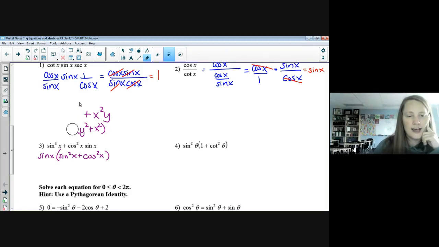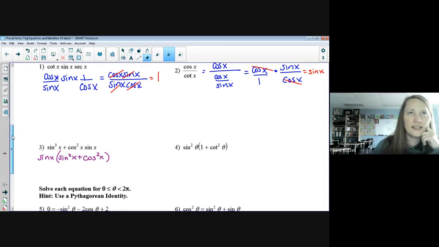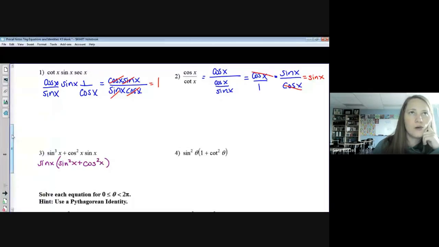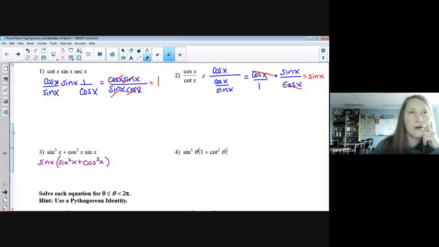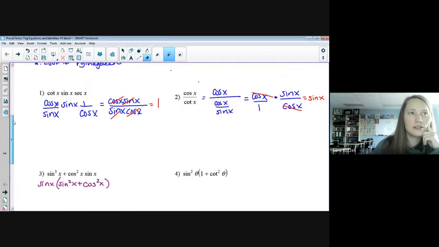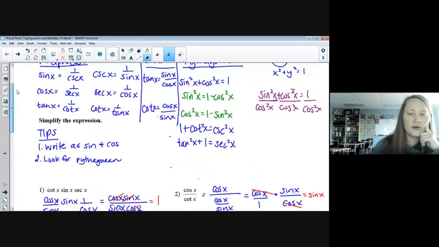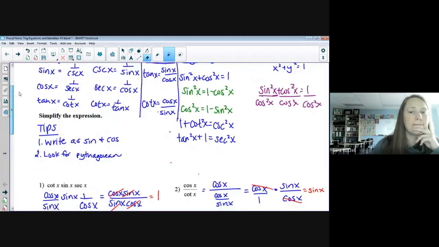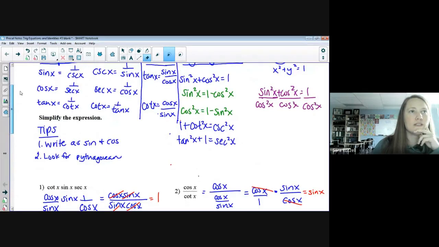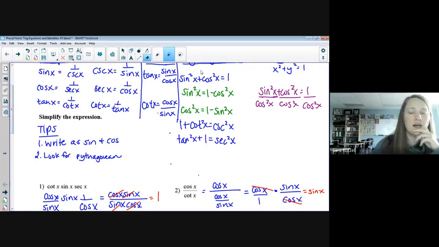All right, and now, do you guys notice an identity that's sitting there? Sine squared plus cosine squared equals what? Is the Pythagorean or whatever it is? Uh-huh. Sine squared plus cosine squared is the same thing as 1.